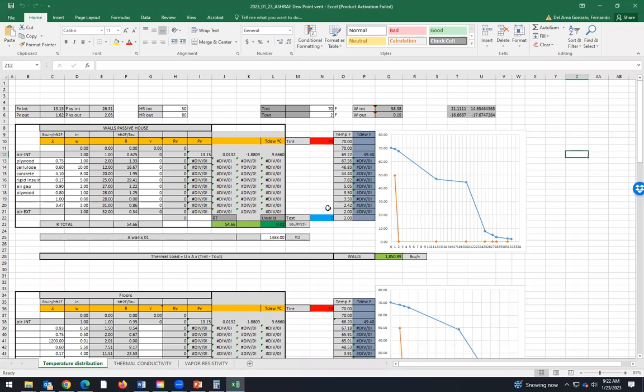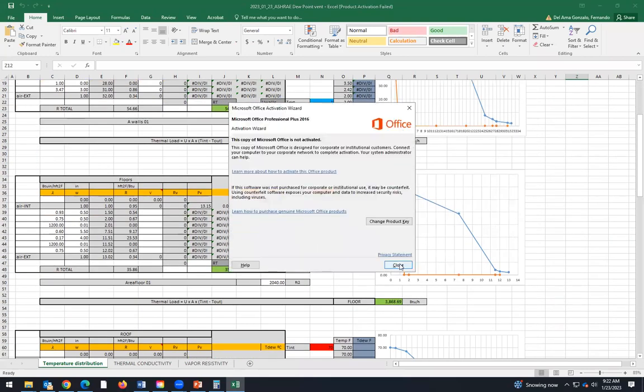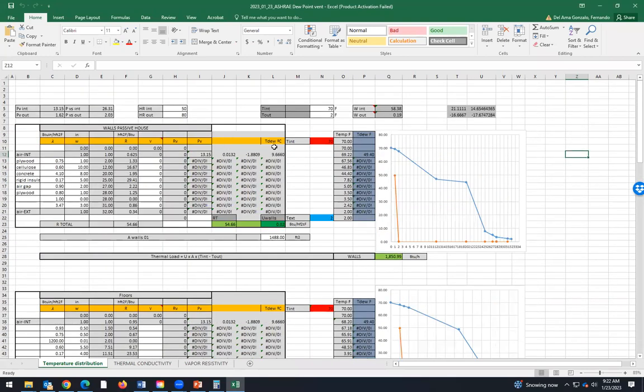It's still under development, so this is not done yet. And here, this blue line is the temperature across the wall.